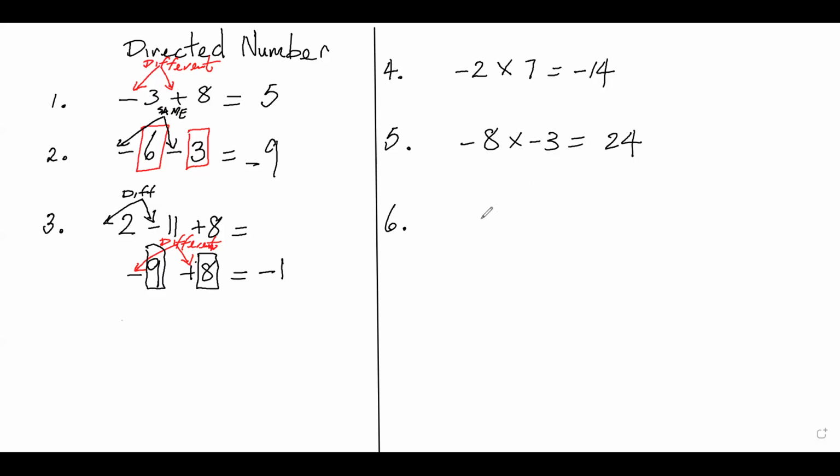It's the same rule for division. So let's try 12 divided by -3. It doesn't matter where the negative sign is. 12 divided by -3.